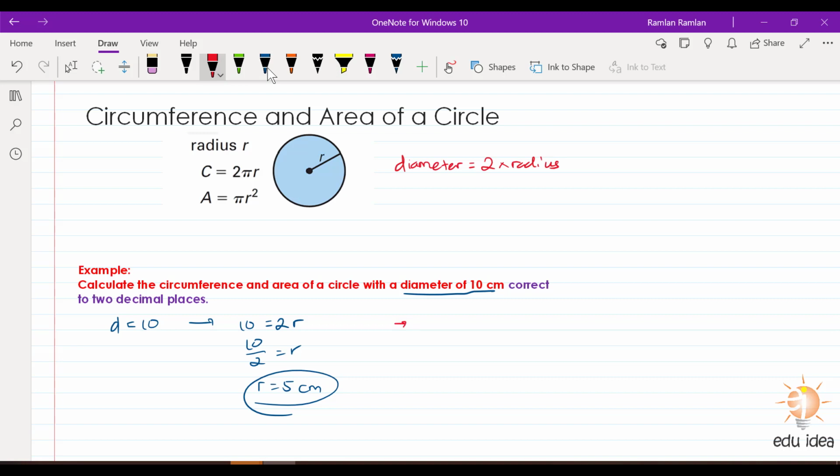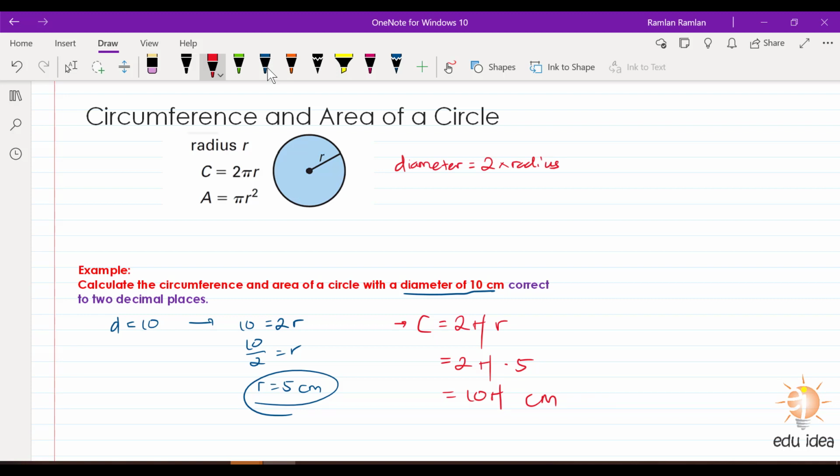Now let's go first to the circumference. Remember, most of the time you write down the formula first before you calculate anything. So we have C equals 2 pi r, and that equals 2 times pi times 5, and that'll be just 10 pi centimeters. Okay, guys, this is the thing that you need to look at in the instruction of the question.